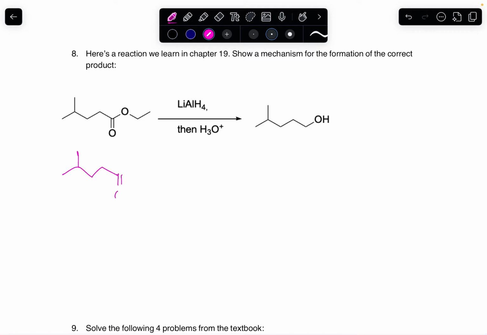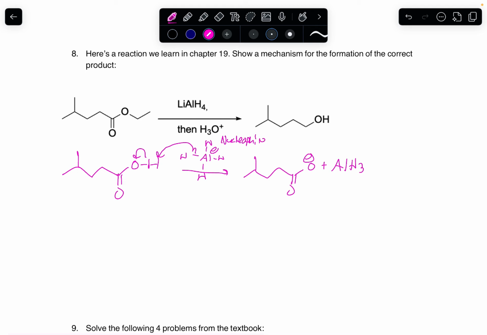So let's see what happens. If this was a carboxylic acid, do we remember how this reacted? Our aluminum went ahead and had a hydride come off of it and basically do a nucleophilic or basic attack, meaning AlH4 is actually a nucleophile, and then this is an electrophile.